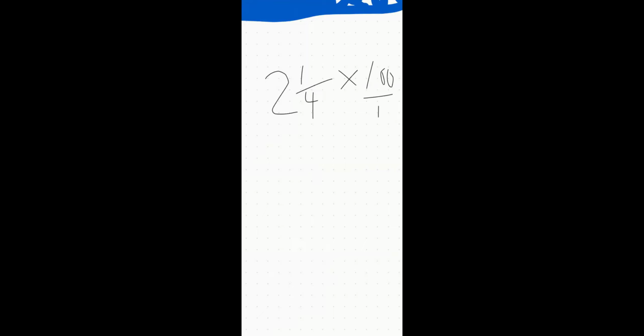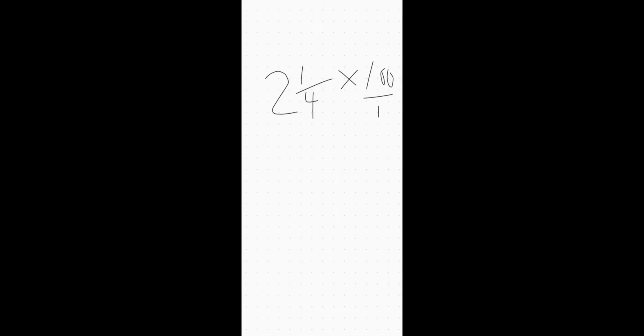Okay, so there are two ways we can do this. You can do it like this. Change that two whole number 1/4 to what? Improper fraction. If I do that, what will I have? 4 times 2 is what? You multiply the denominator by the whole number. 4 times 2 is what? 8.